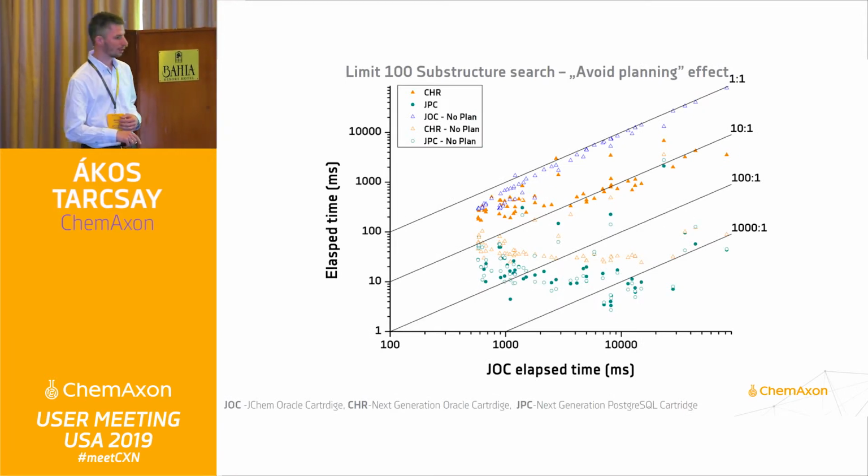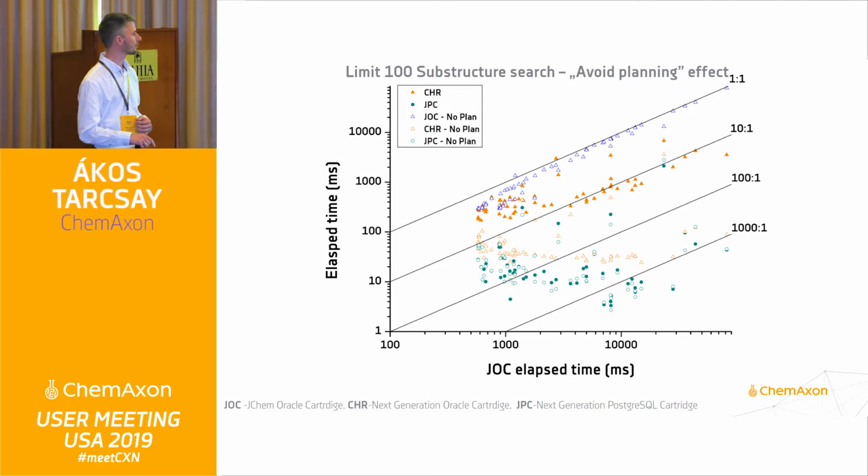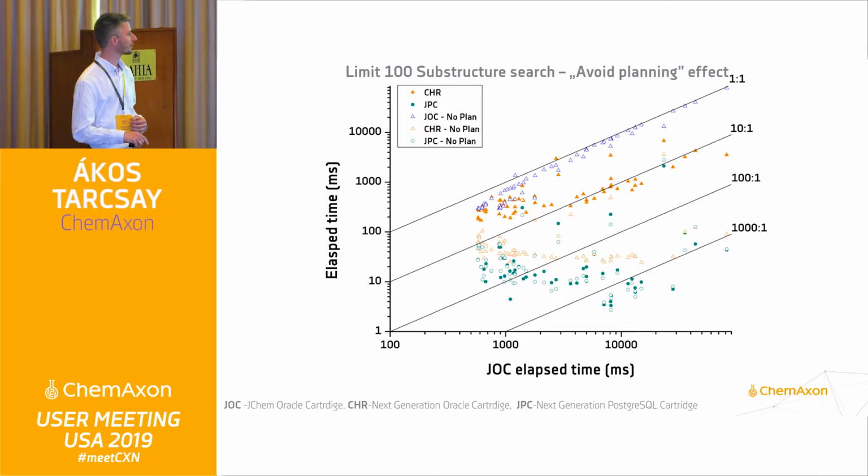If we show the results in terms of the elapsed time that JPC needs to run the queries, you can see the JPC with no plan. It's not that big an effect. Here you can see the Coral with planning and the empty triangles without planning. And these full dots are the JPC, and the empty circles are the JPC without planning.